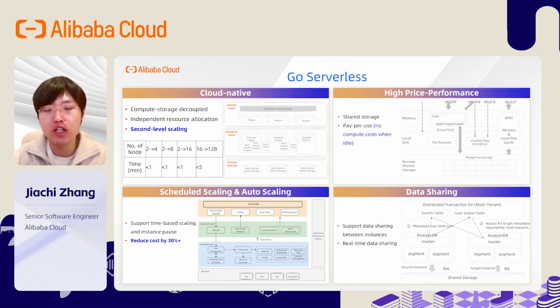With shared storage and a pay-per-use model, you only pay for the compute when it's active, leading to substantial cost reductions. The third advantage is scheduled scaling and auto-scaling. We now support time-based scaling and instance pausing. The last advantage is data sharing. We are now enabling real-time data sharing between different AnalyticDB Postgres instances.